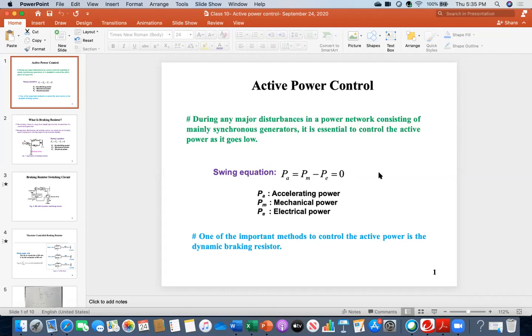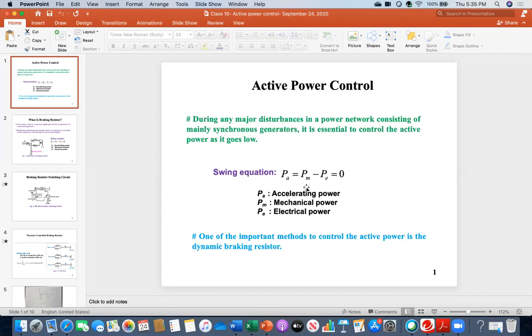Now, as we are discussing the active power control during any major disturbance, meaning a three-phase short circuit, or three-phase to ground fault, double line to ground fault, any of those faults are treated as major disturbances. That time what happens? P goes low. But we are assuming that Pm is constant because that is coming from the prime mover.